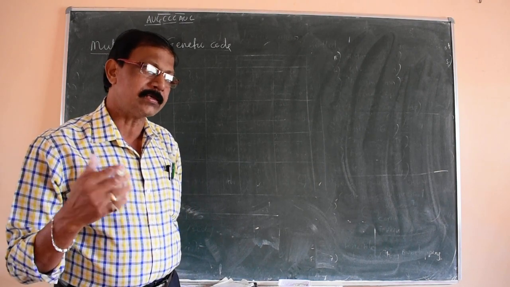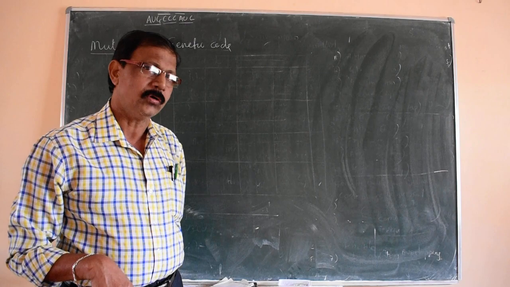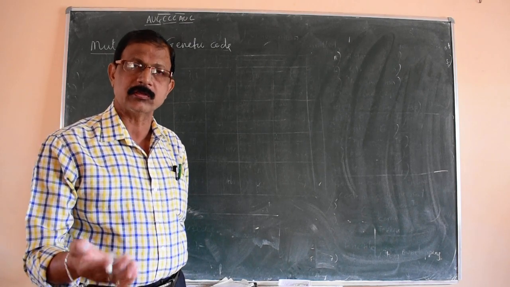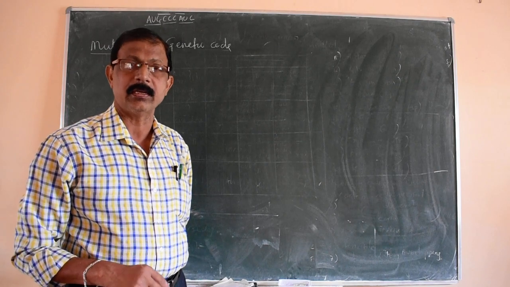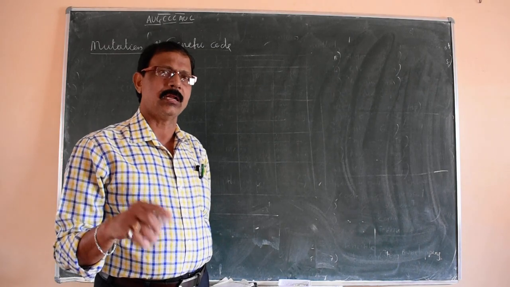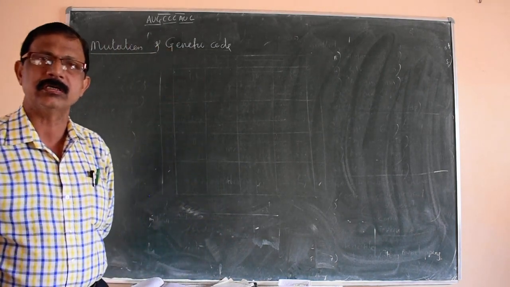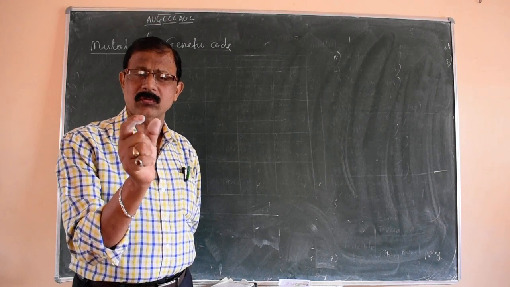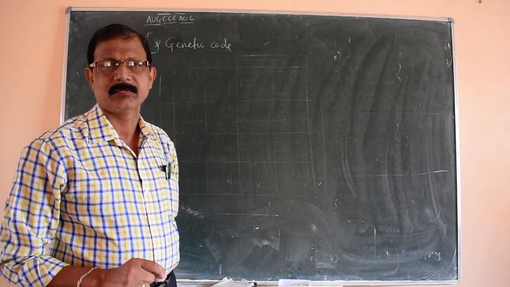Now give an example for point mutation. Remember, you already studied in this class and in the YouTube class that sickle cell anemia is the best example of point mutation, in which only one letter of the sequence changes.